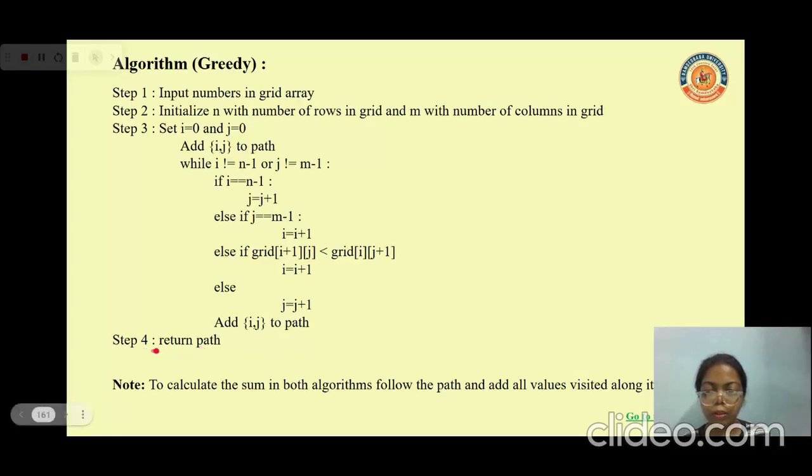So the path we get here will be the final path. And to calculate the cost required, we must follow the path we get here.